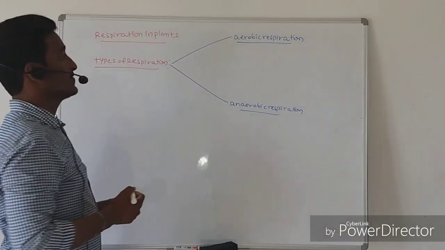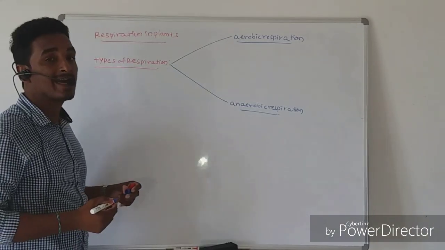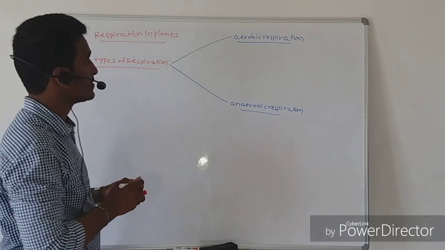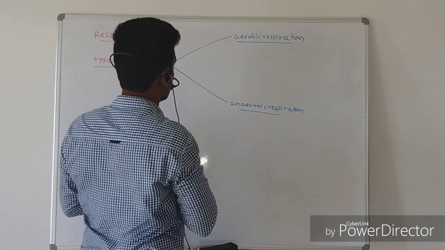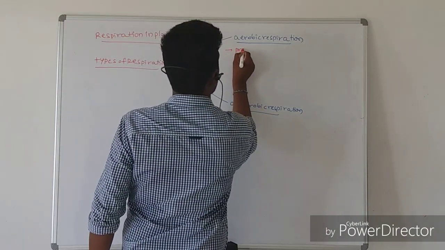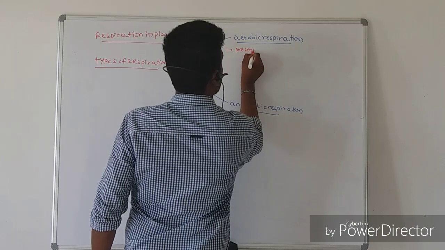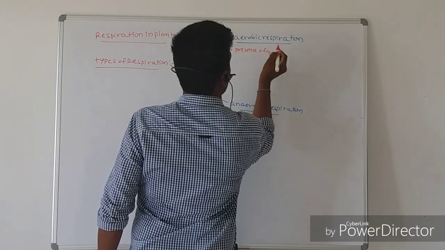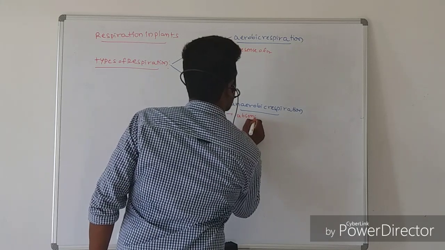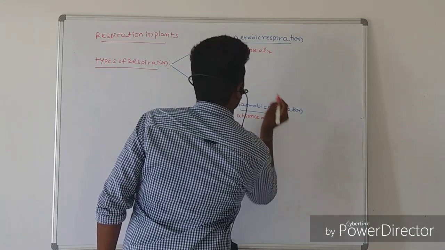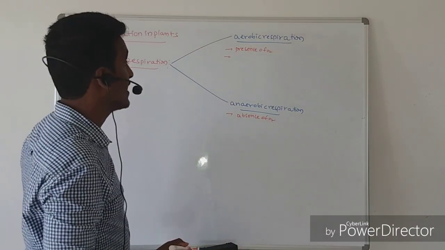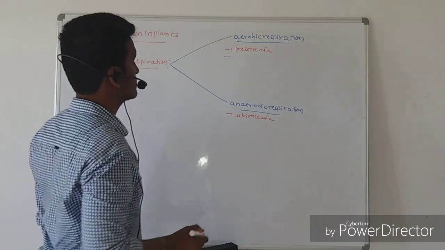What is the difference between them? Aerobic respiration takes place in the presence of oxygen, while anaerobic respiration takes place in the absence of oxygen. What are the other differences?